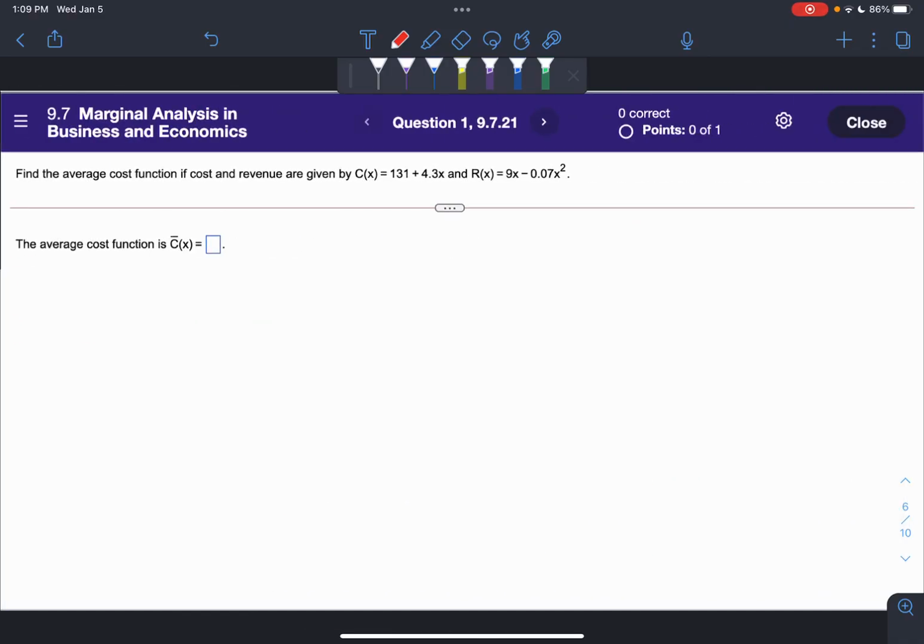All right, now we're looking at average cost function. So c bar or c average of x, we know that is going to be equal to our cost function divided by x, since we're taking the average of it. So my cost function given above is 131 plus 4.3x. And then to make it an average, I'm going to divide by x.